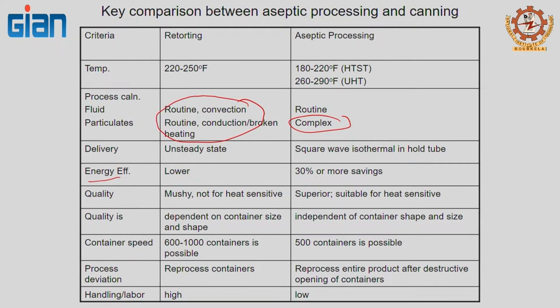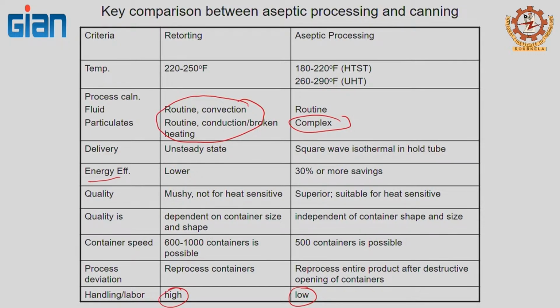Whereas aseptic processing is much more energy efficient. So that is again one of the attractions of this technology. And then, this is another reason, if you look at why canning is still very popular or commonly used.